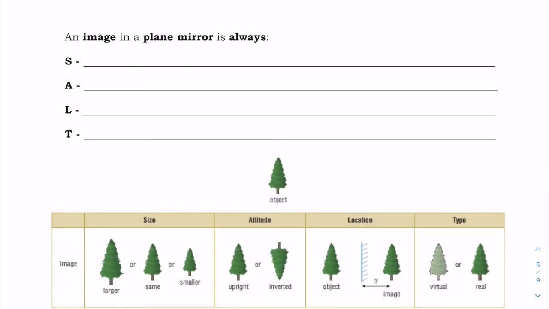So, for plane mirrors, images formed in plane mirrors will always have the following properties. First of all, for S, the size of the image, they will always be the same size as the object. For the attitude, they will always be upright, but laterally inverted.